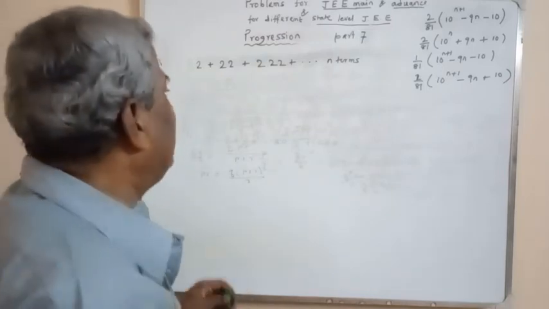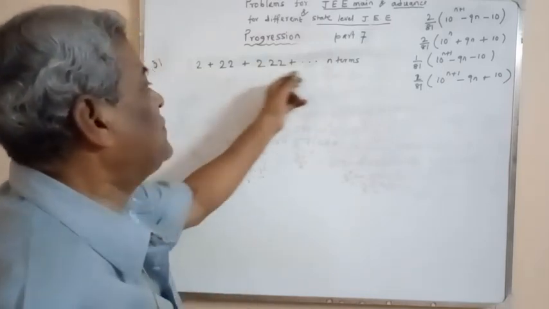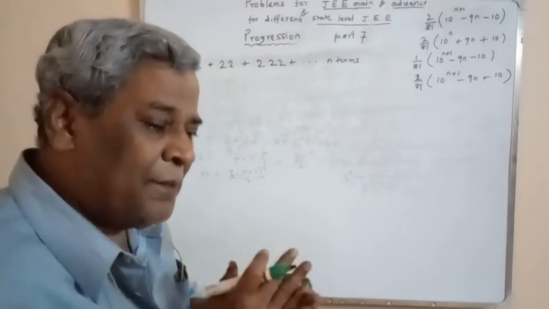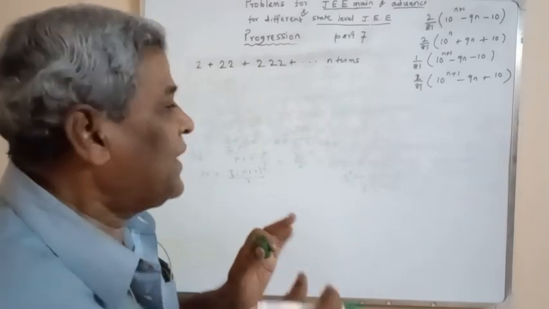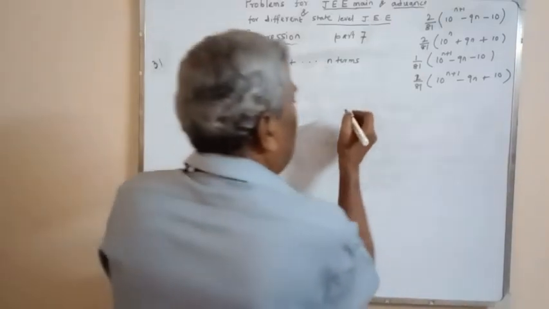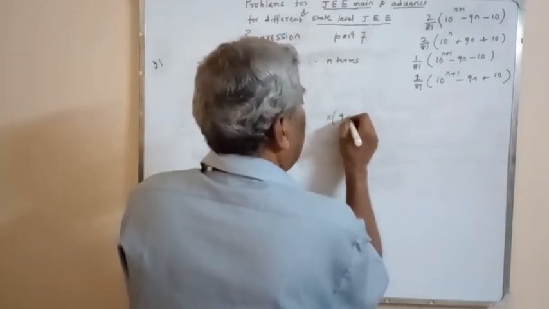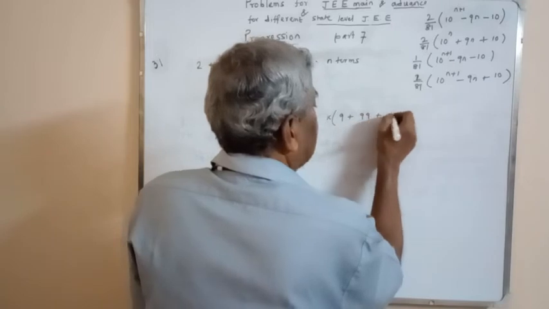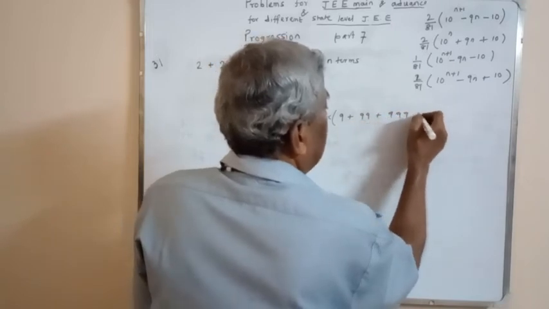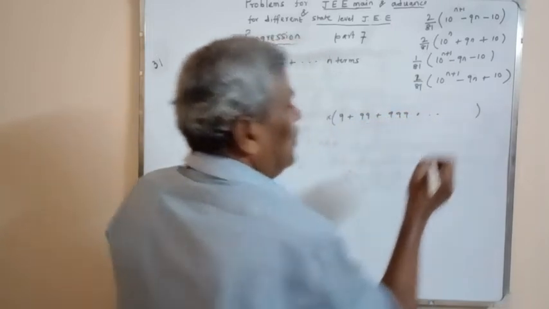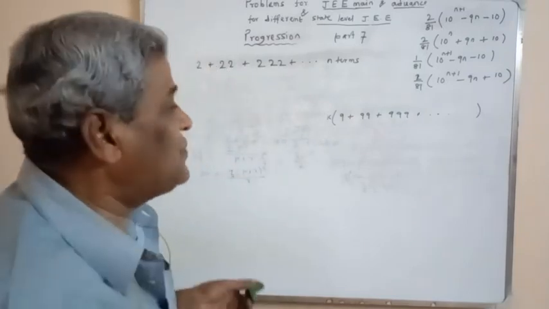For that purpose, let us try to express this as some multiple into the series 9 plus 99 plus 999, this way up to n terms. What will be the advantage?